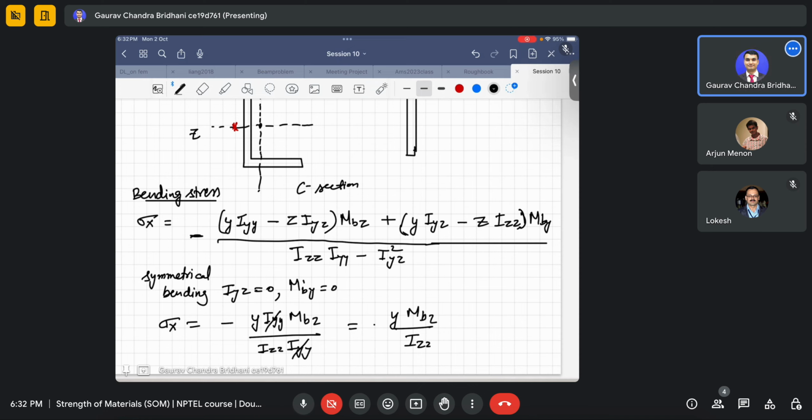This is the same formula which we use in our pure bending case, minus sigma x equals MBZ y by IZZ. That means it is giving the subset cases: symmetrical bending with IYZ as 0, that means the cross section is symmetric, and MBY is not present, so bending is happening about only one axis. So we get the same formula which we got from the bending formula.